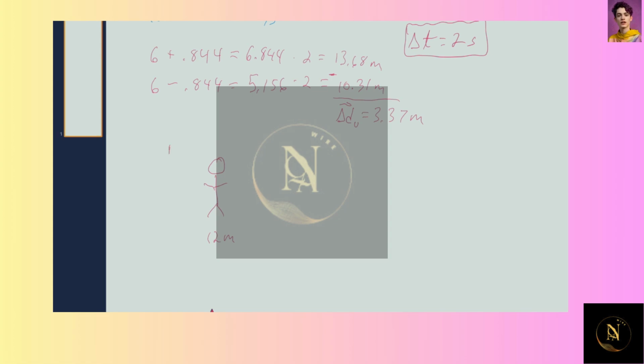However, this ball could be anywhere between the 13 and the 10 in this distance of 3.37 meters. If I divide that by 2, that would give us a possible error of 1.685 meters, meaning the ball could end up 1.685 meters in front of the person or 1.685 meters behind the person.